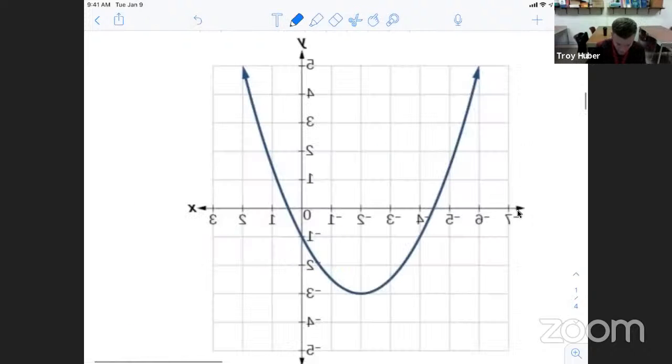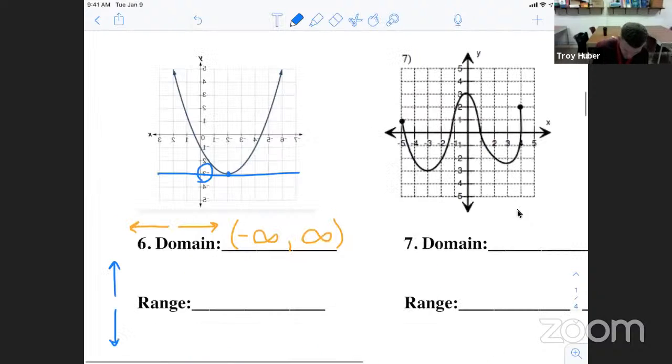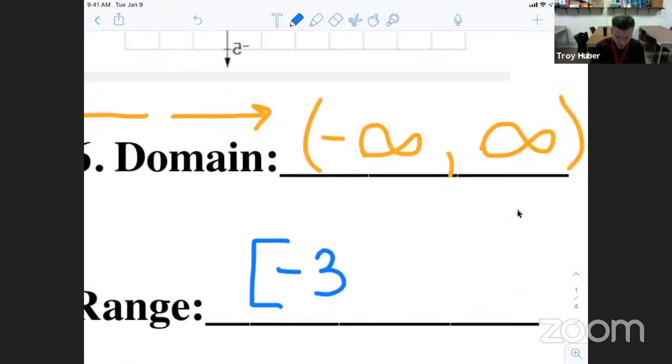So I go down to this point right here, and see how that's on that y. Your y value is that -3. So I'm going to say it's right on that -3. Whenever you want that number included, we use this bracket. That means it could be on -3.